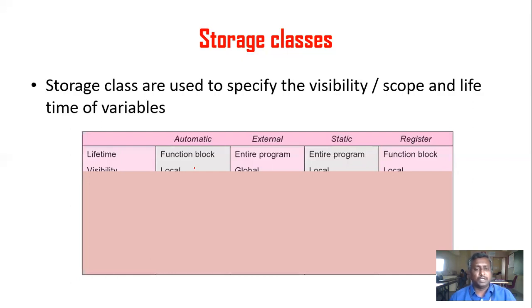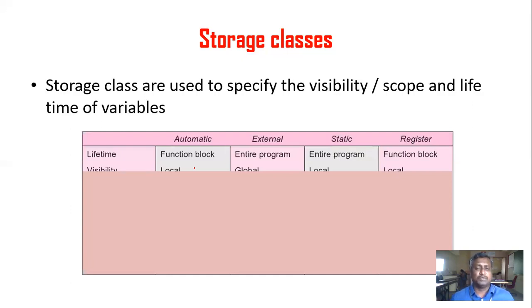When I say block, it means anything enclosed by curly braces. Within that block, if you have a variable, it will have visibility only in that particular area. Whereas when you declare a variable external, it will have global visibility.